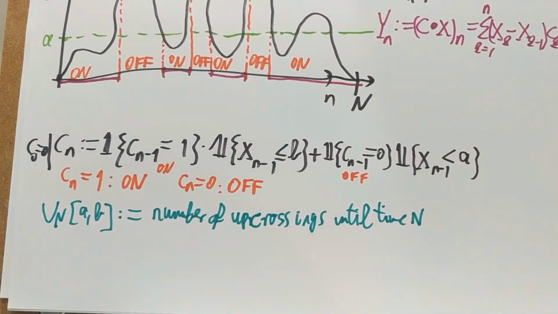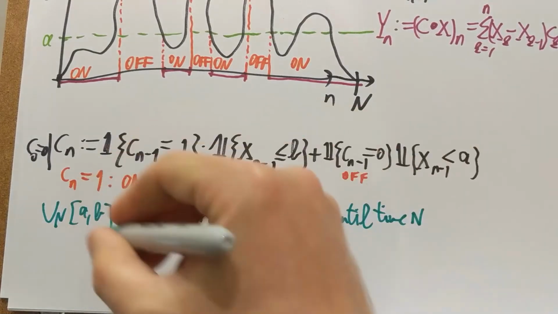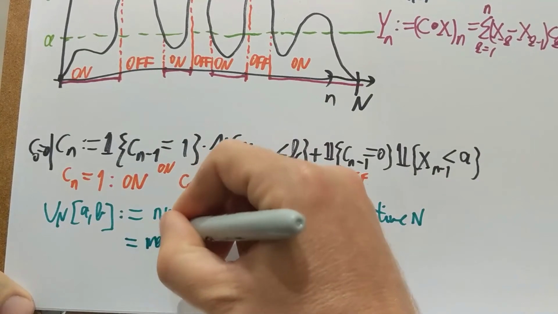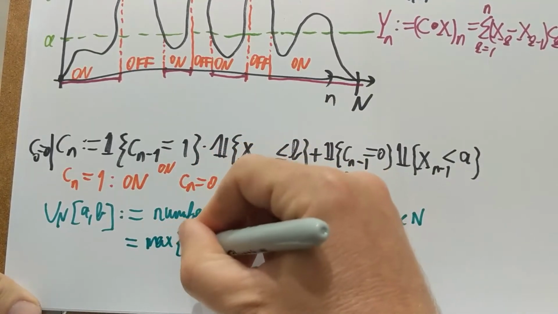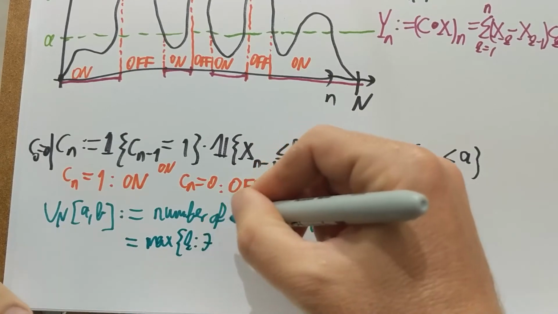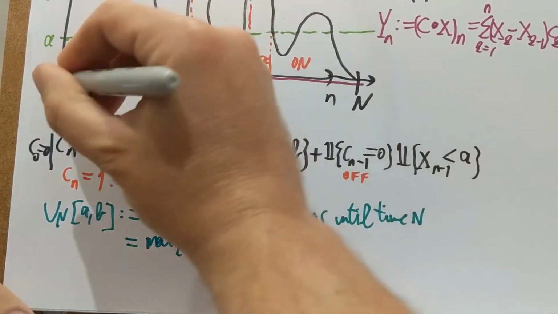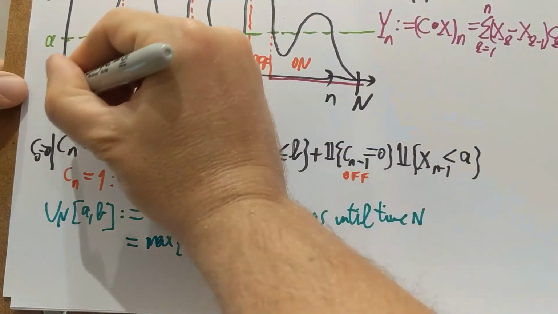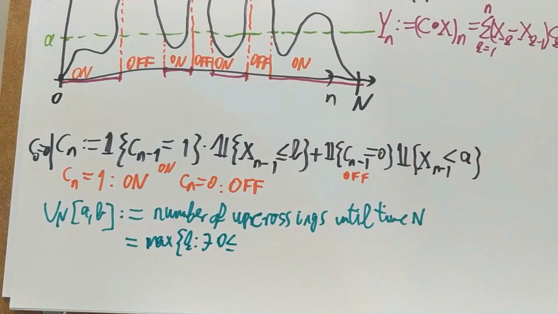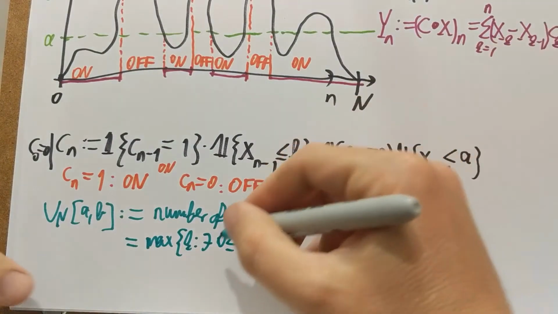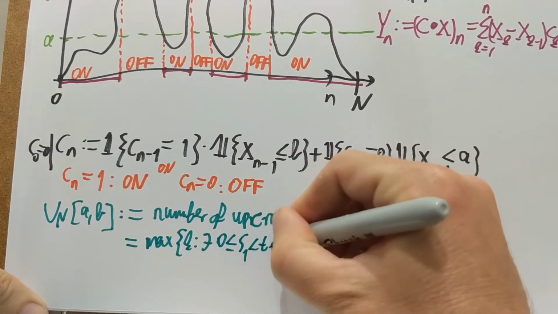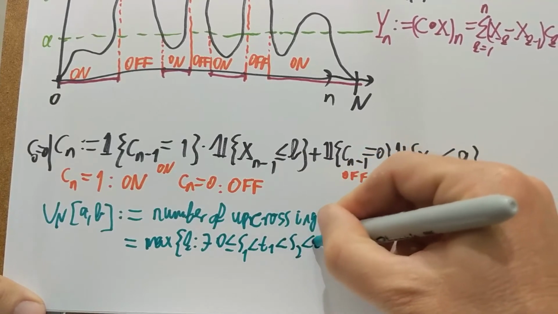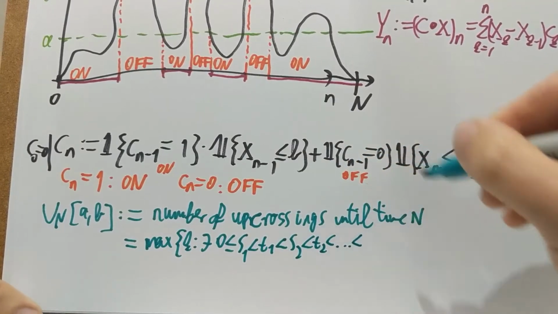Okay, so let's formalize this thing. The formal definition is going to be the following. I'm looking at the maximum integer k such that there exist times, starting from time 0, s1 smaller than t1 smaller than s2 smaller than t2 and so on, smaller than sk.